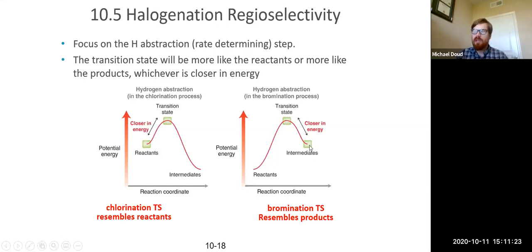The intermediate in this case, so the product of that hydrogen abstraction, is closer in energy to the transition state. So that's going to be what's really important. Oh, and I didn't mention this, but the hydrogen abstraction is our highest activation energy. This is our rate determining step.